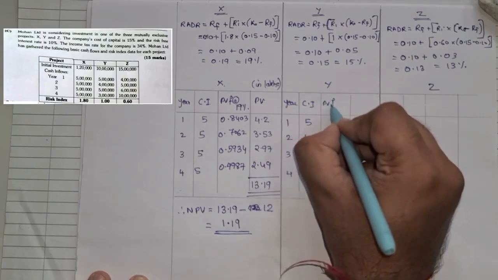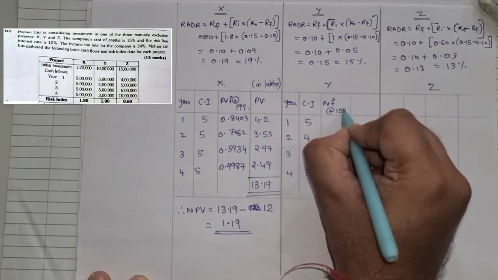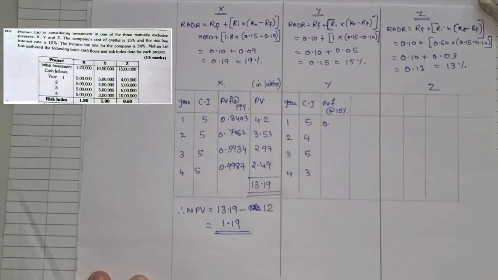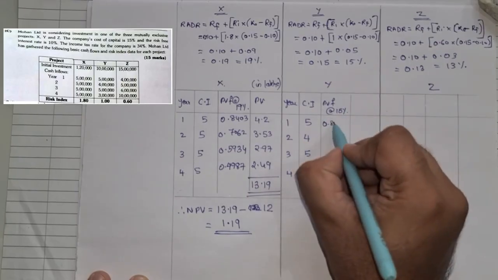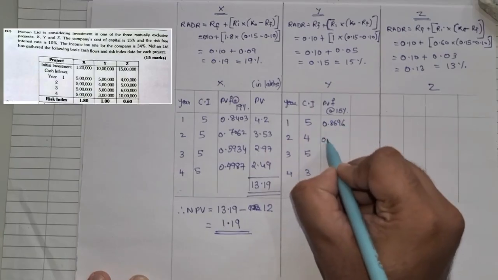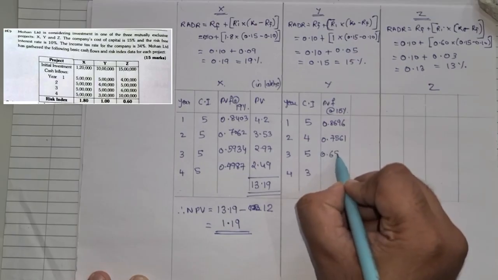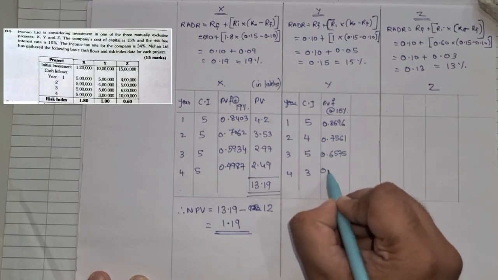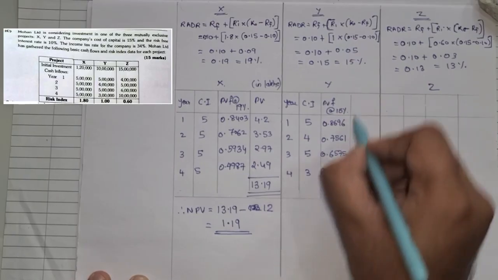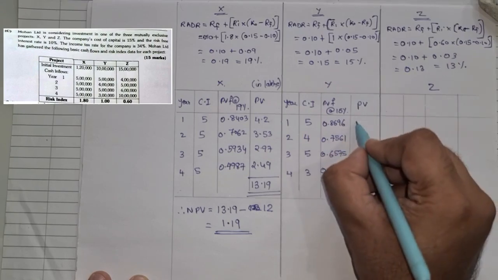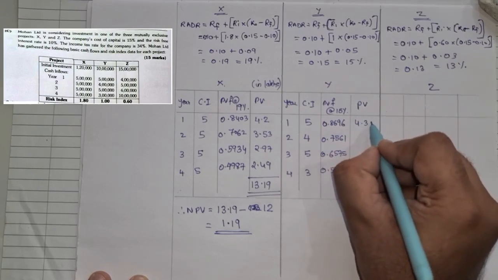The PV factor at the rate of 15% comes to 0.8696, 0.7561, 0.6575, 0.5718.